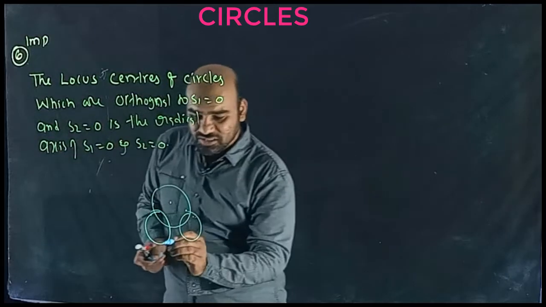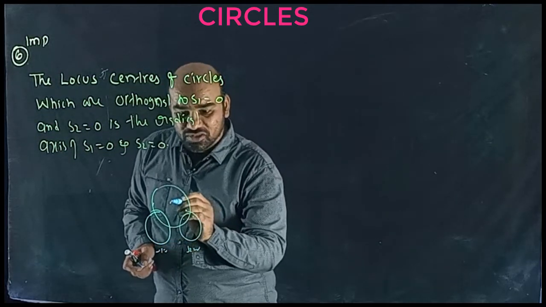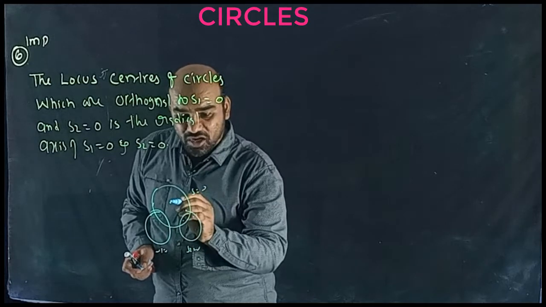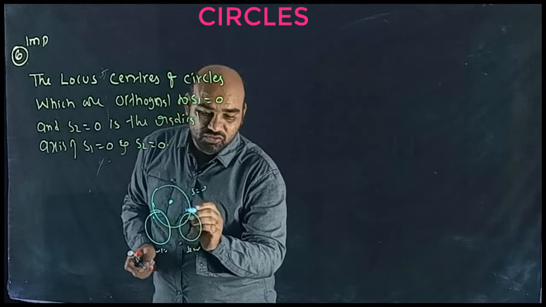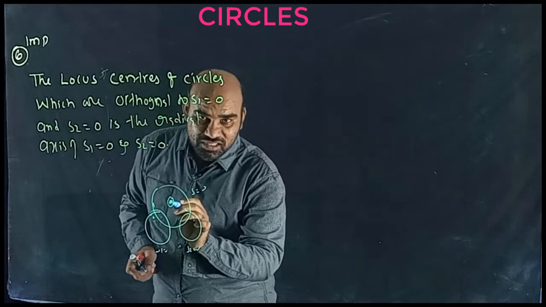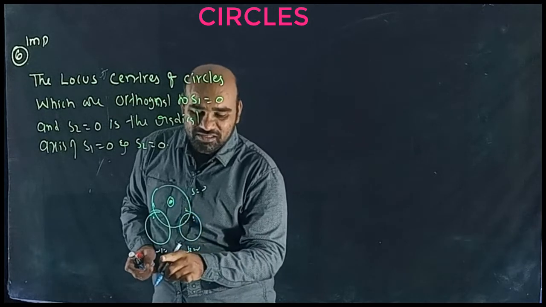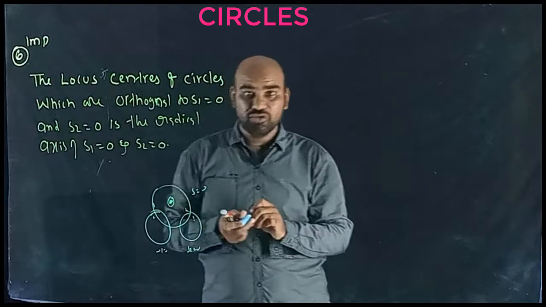For example, this is S1 = 0, this is S2 = 0, and this is S = 0. These two circles are orthogonal and these two circles are orthogonal. Now it is better to prove that this center lies on the radical axis of S1 = 0 and S2 = 0. I will prove it here.